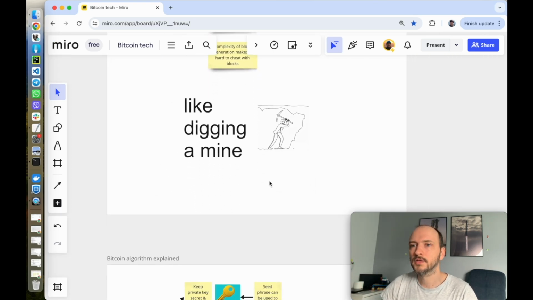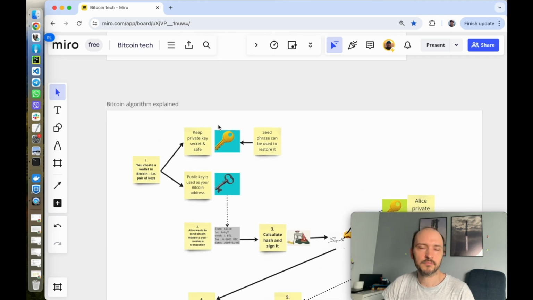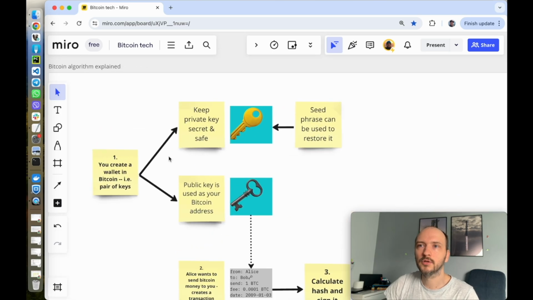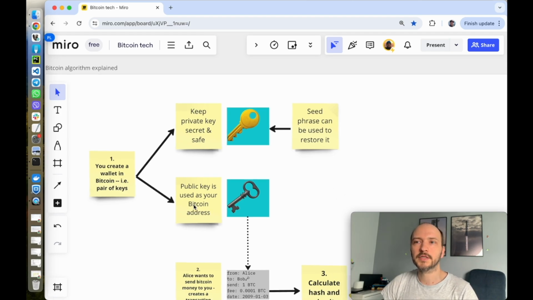Okay, so that's the first technology, and now let's look at the entire Bitcoin algorithm, how it works on a high level. It starts with somebody creating a wallet in Bitcoin, and a wallet is basically a pair of keys: a private key which is kept secret, and a public key which serves as an address.